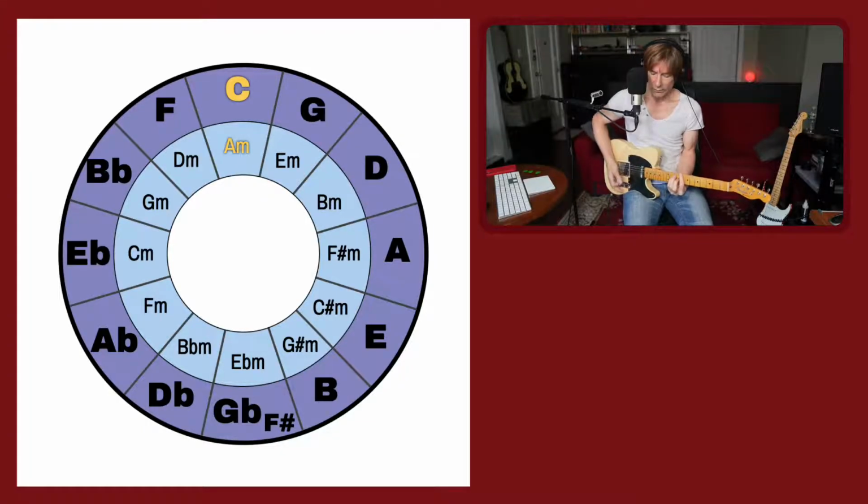Okay, so you have C major. You have A minor. That's the relative minor. Every key, every major chord has one. It's really the same scale. C major. A minor.